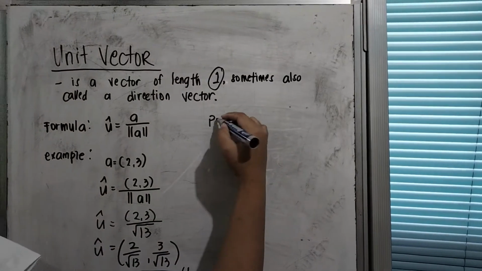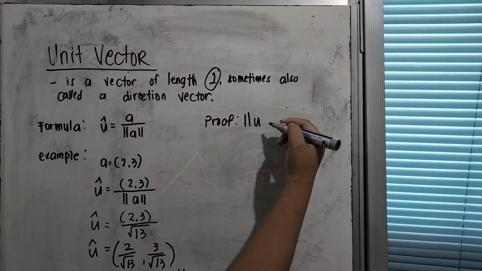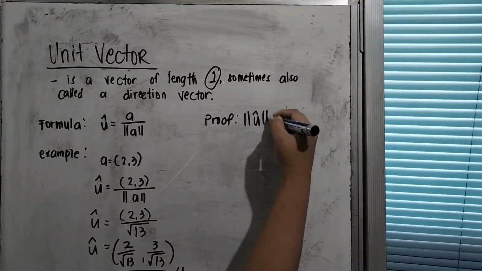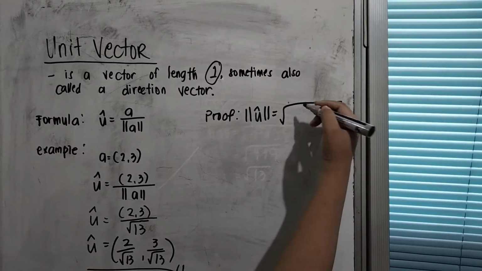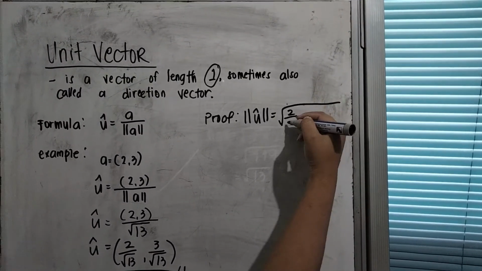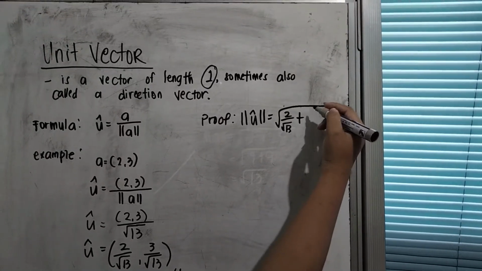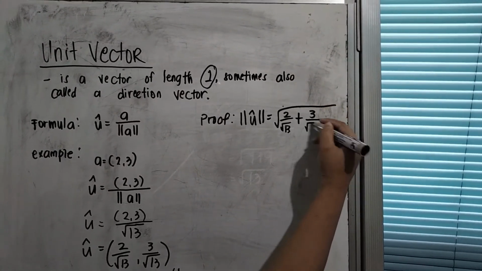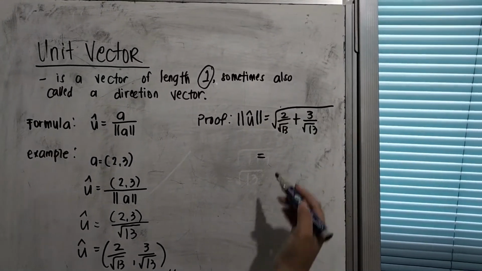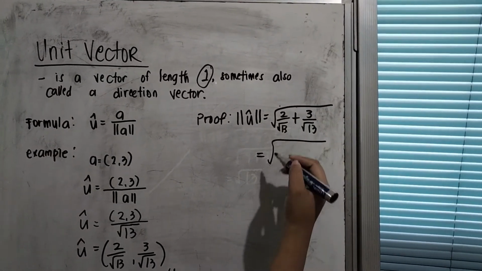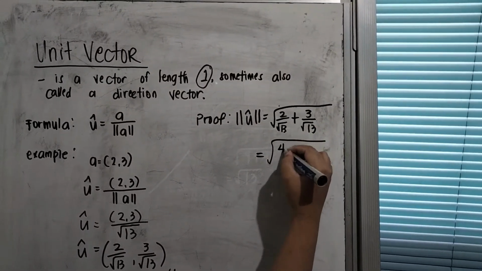For proof, magnitude of unit vector equals to 2 over square root of 13 plus 3 over square root of 13 equals square root of 2 times 2 is 4.